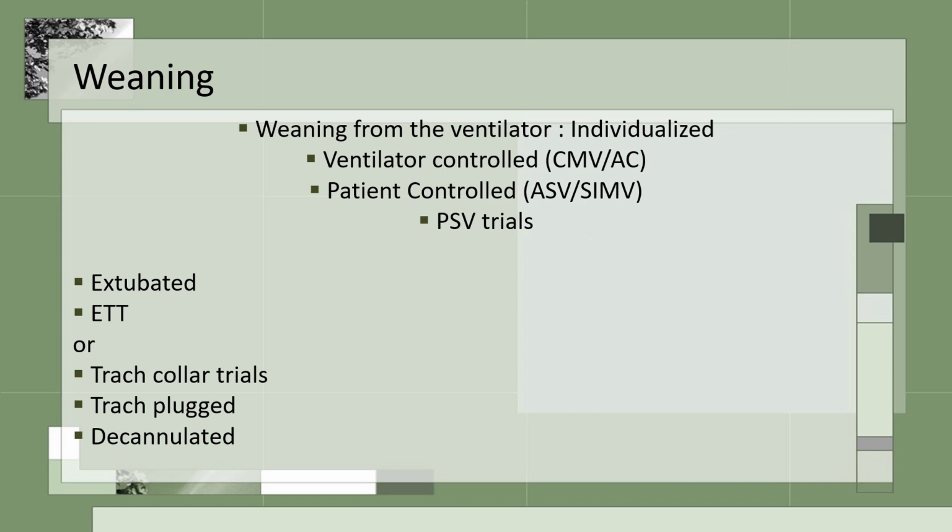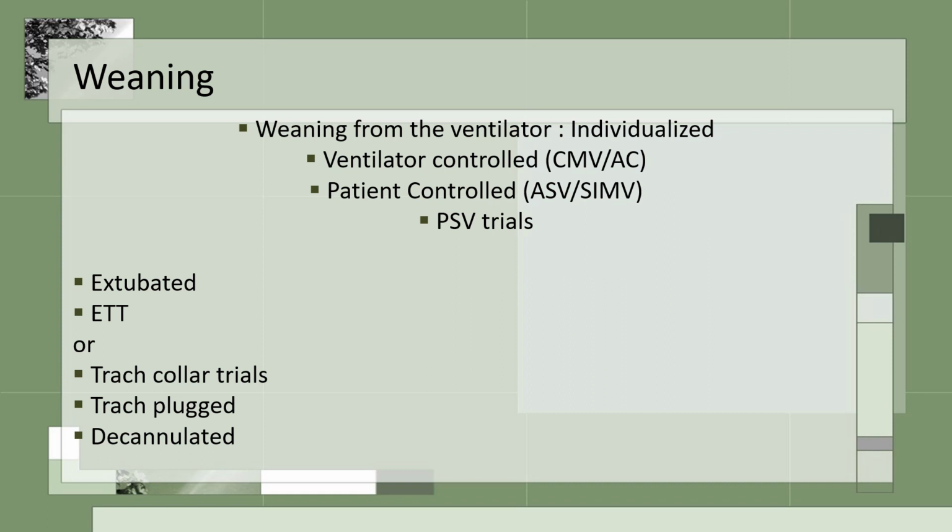Weaning is a process that takes a patient from being on the ventilator to off the ventilator completely. It is individualized and is dependent on the MD, the RT, and the patient. Usually a patient starts on a more ventilator-controlled mode, like CMV and AC. Then the patient moves to a more patient-controlled mode like ASV and SIMV.